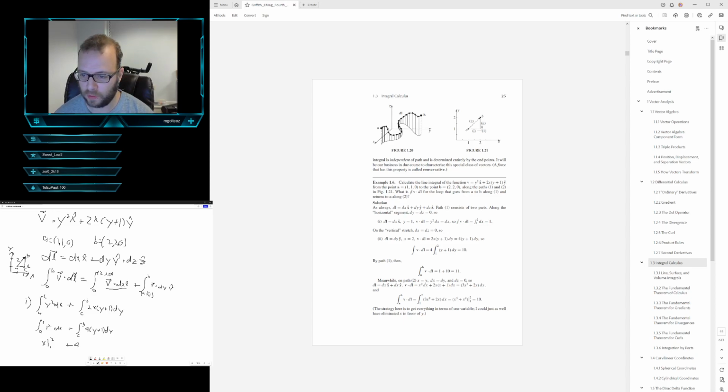So we've got 4 times the quantity of y. The integral of y dy is going to be y squared over 2 plus y, evaluated from 1 to 2. And we evaluate this out.